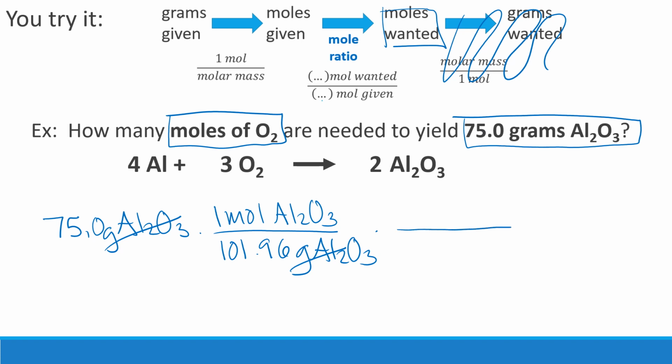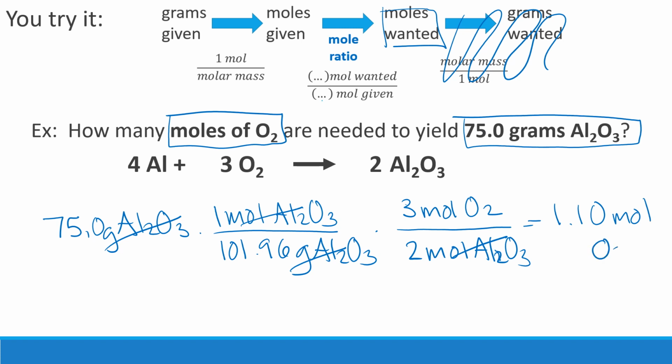And now that I have moles, I can jump into my mole ratio. So it is 3 moles O2 for every 2 moles Al2O3. Cancel out moles of Al2O3, and we get 1.10 moles of O2.